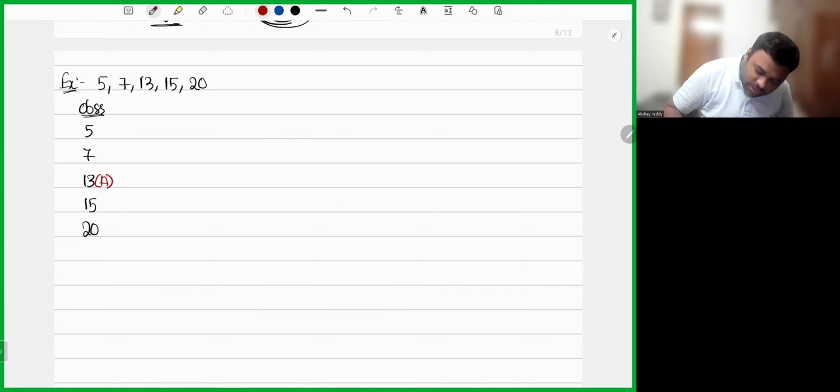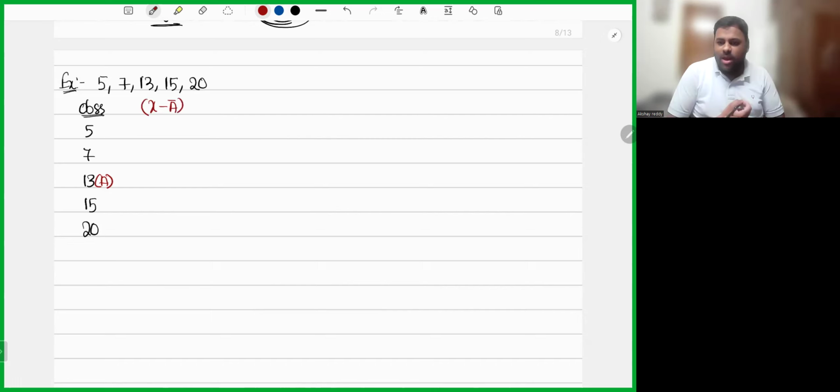What I said: the sum of deviations from the arithmetic mean must always be equal to 0, right? Let us see whether my assumed mean is correct or not. If it is correct, the sum of deviations will be 0. If not, it will not be equal to 0. 5 minus 13 is minus 8. 7 minus 13 is minus 6. 13 minus 13 is 0. 15 minus 13 is 2. 20 minus 13 is 7.